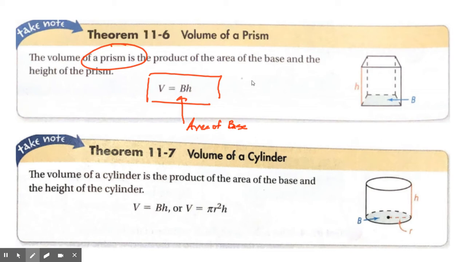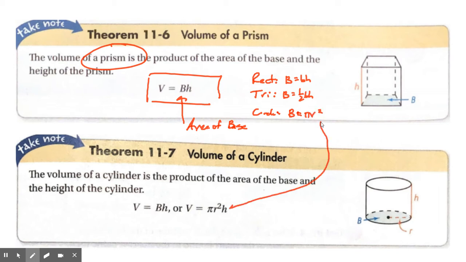So if your base is a rectangle, then your capital B will be the base times the height of that rectangle. If it's a triangle, then that capital B will be 1/2 base times height. And if it's a circle, that B will equal pi r squared.